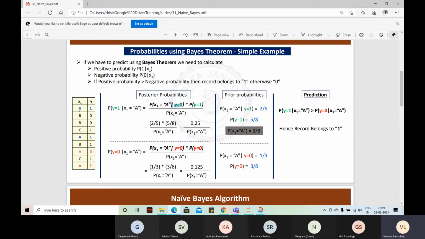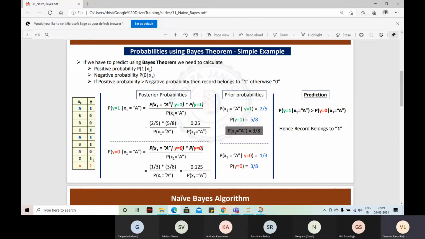How many are there? This one and this one. X1 is equal to a, where y is equal to 1. Out of 5, what are 5? The ones are 5: 1, 2, 3, 4, 5.